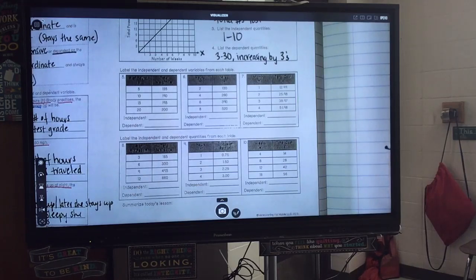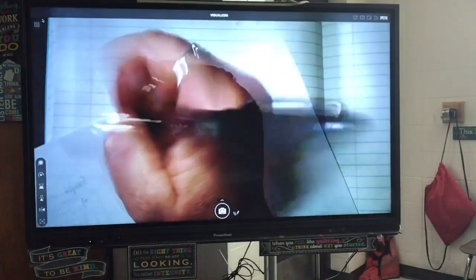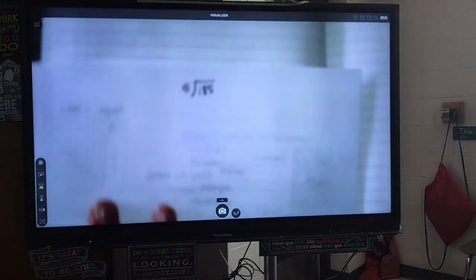Do you know? Okay, so everyone flip your paper over, and I'm gonna do 185 divided by 5. Stand up when you have your answer.